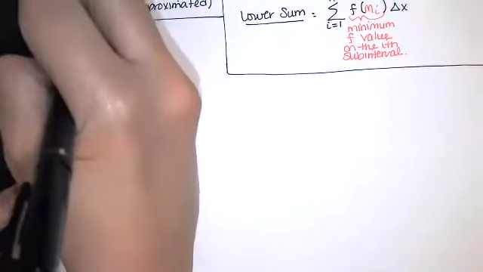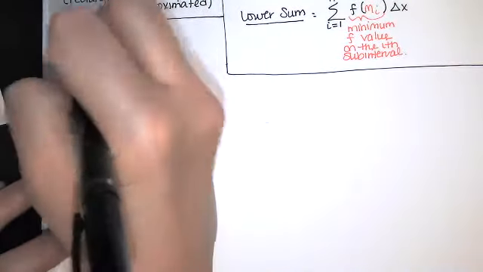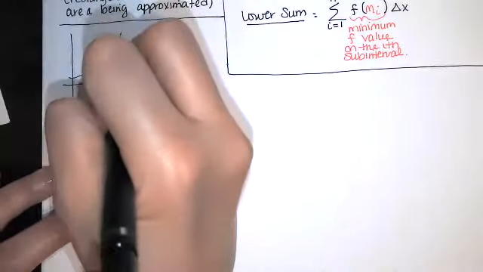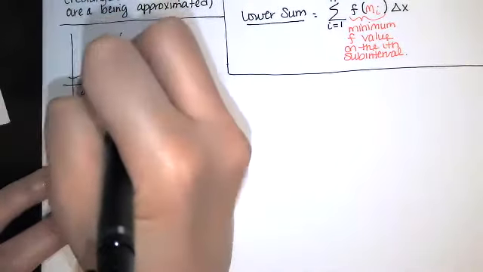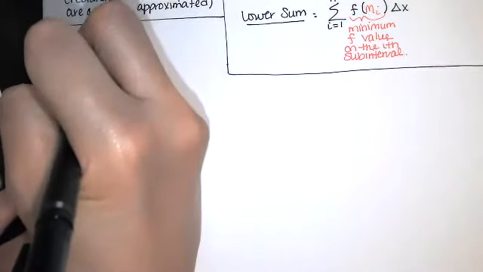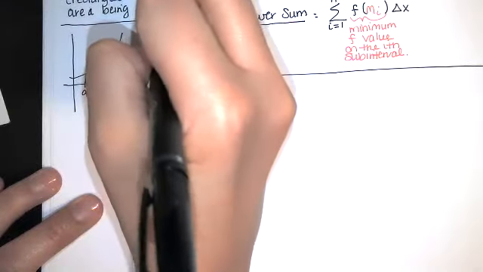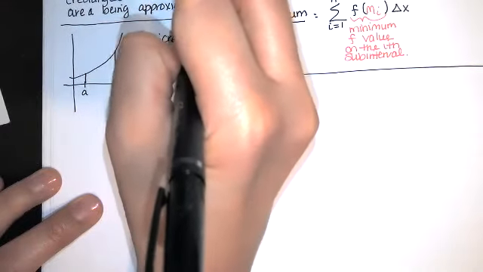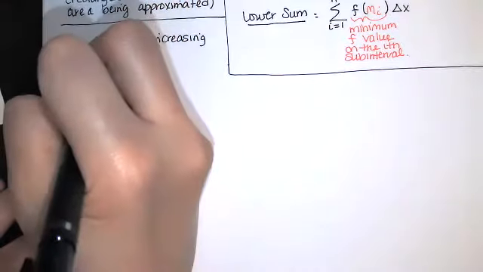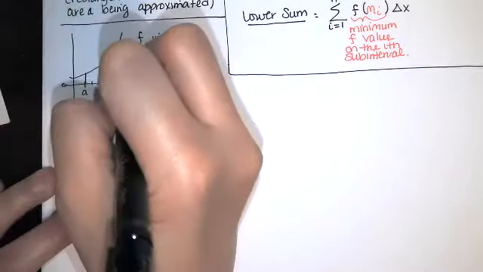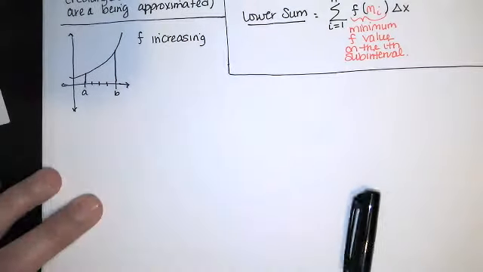So let's say our function's increasing. If f is increasing and we're on the interval from a to b, and I subdivide that interval from a to b into n subintervals of equal width.